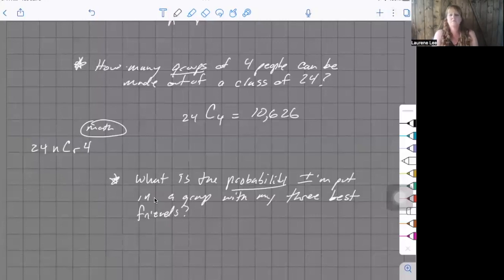So how many groups are there with my best friends in them? If I want all 3 and myself, that's 1 group of a very specific 4. So the top of my probability is going to be 1. And the bottom is all the ways I can make the group. So this number we've been calculating is always the bottom of your probability. So 1 out of 10,626, not very likely that I randomly get assigned to a group with my 3 best friends.